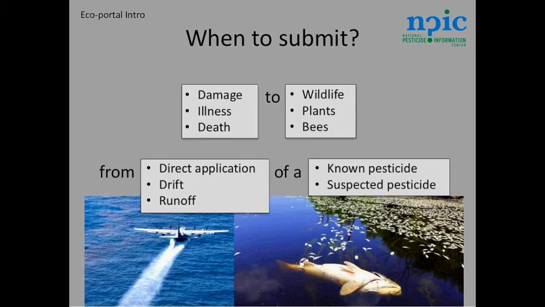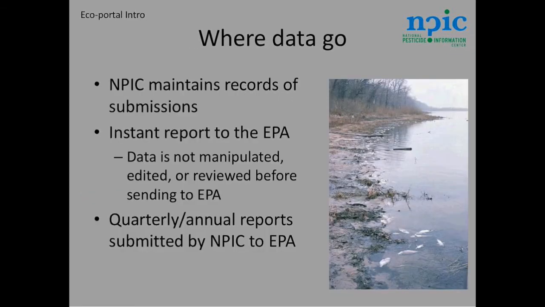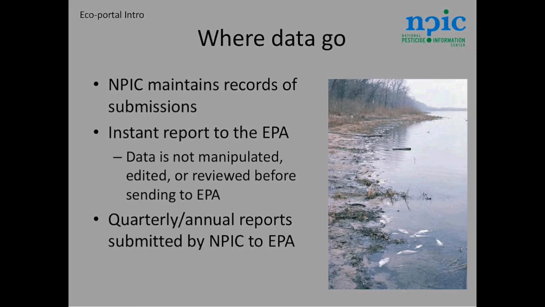So all of these elements are involved in putting in the report, and then once you submit that report, the data is maintained both at NPIC, but also has an auto-generated report that is sent directly to the EPA's Office of Pesticide Programs. Because of that, NPIC doesn't review this data. We're not manipulating it or editing it before it gets sent to the EPA.